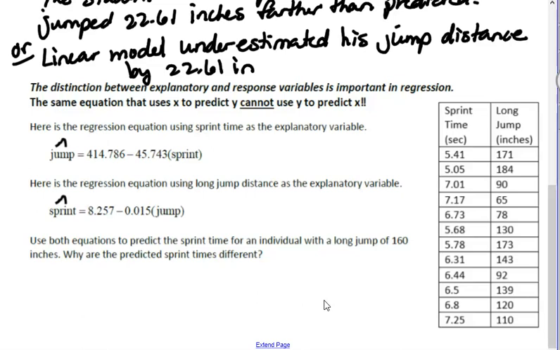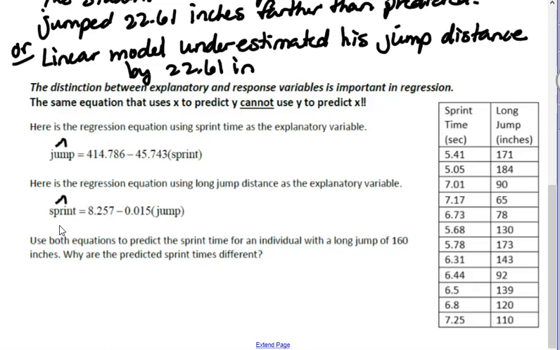So let's take a look. What I did here is I made an equation where sprint is the explanatory variable and jump is the response variable. Then I switched them around and made jump the explanatory variable and sprint the response variable. Now we know the correlation would be the same either way, but obviously the regression equation is different.